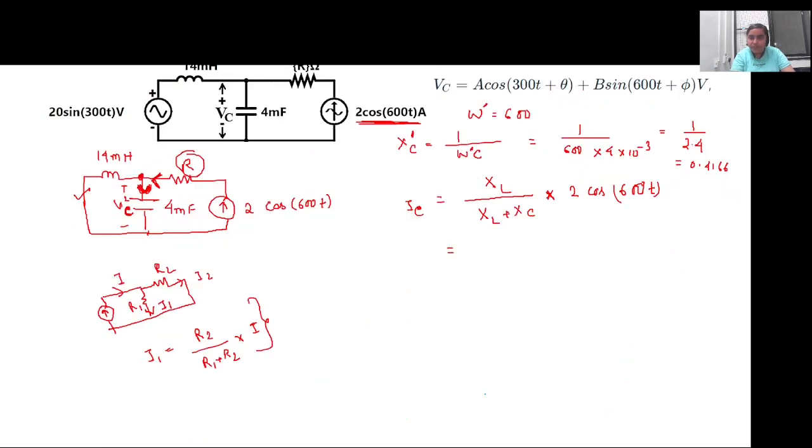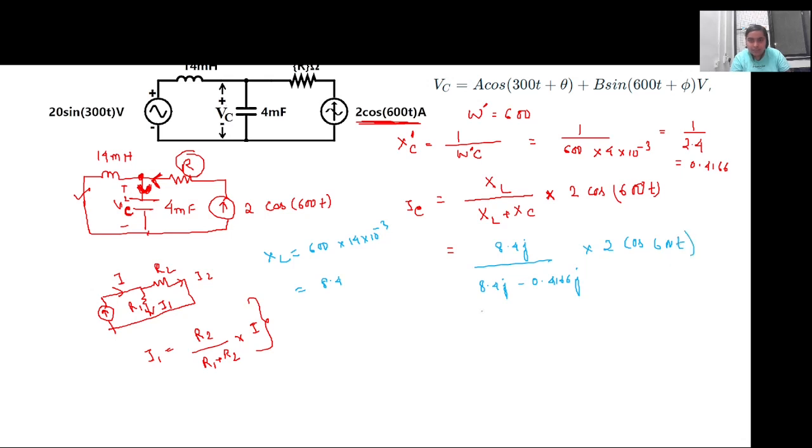So where were we? We calculated XC and XL, right? XL will be omega, which is 600, into 14 into 10 to the power minus 3. So 14 into 6, 8.4. So we have 8.4 J by 8.4 J minus 0.4166 J, into 2 cos of 600t.